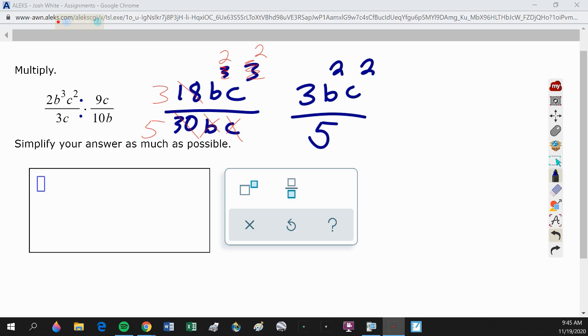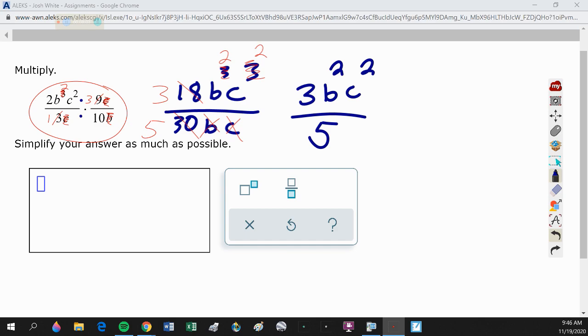Okay, now that's not the way I would do it. That takes more thought process and it takes longer. I would just look at this and start canceling things. What there will simplify? Well, this c will cancel that c. This b will turn this b into a 2. 3 goes into 9 3 times.